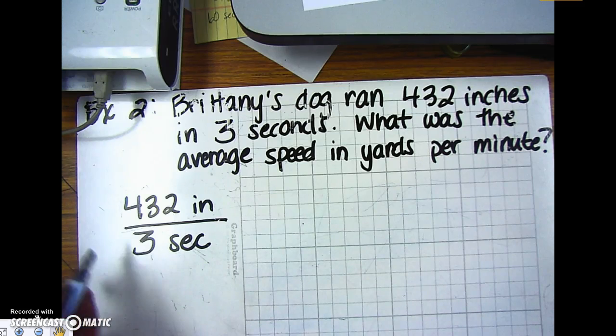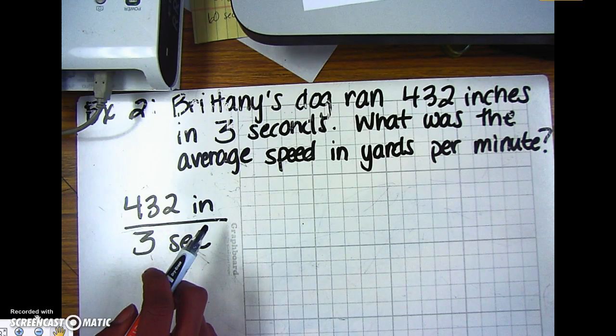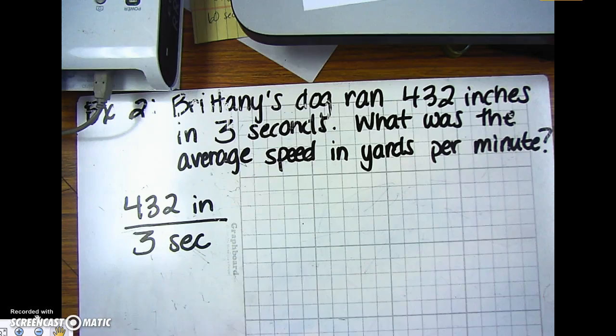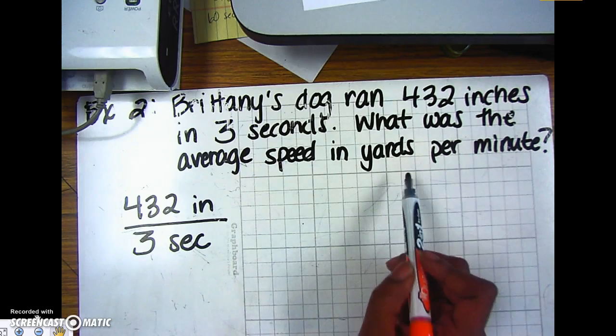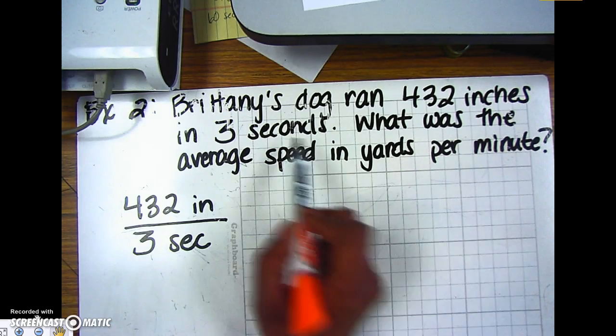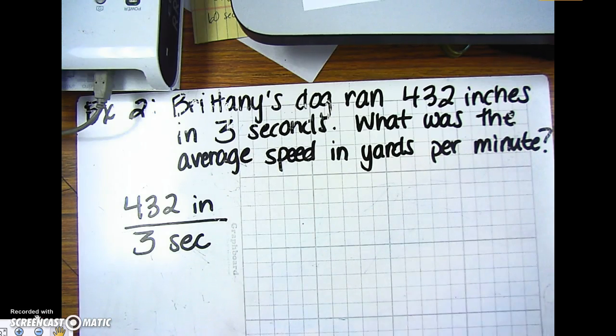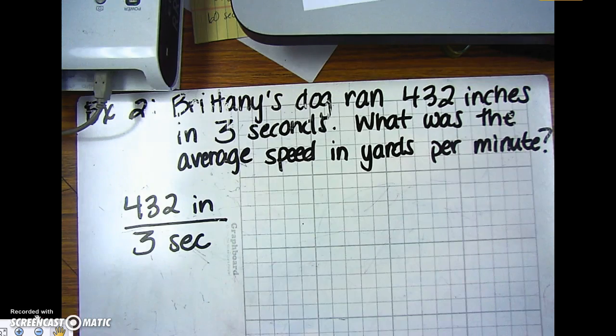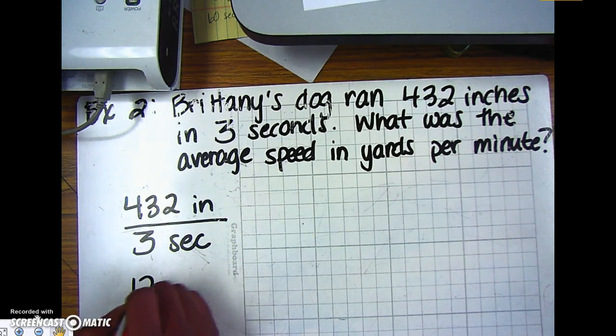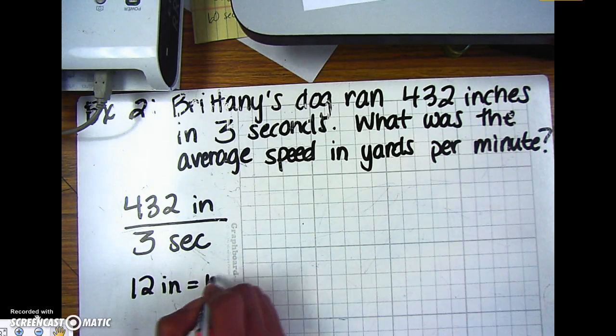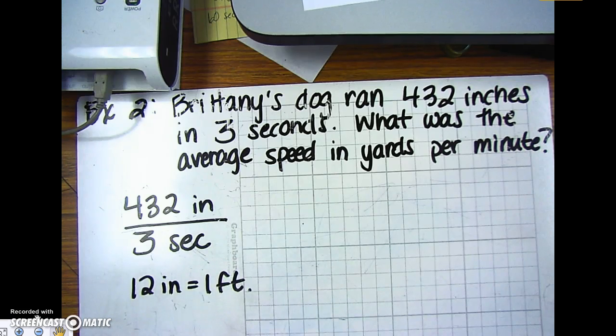So 432 inches in 3 seconds, and we're converting inches to yards and seconds to minutes. How many inches are there in 1 foot? There are 12 inches in 1 foot. And how many feet are in a yard? There are 3 feet in 1 yard.